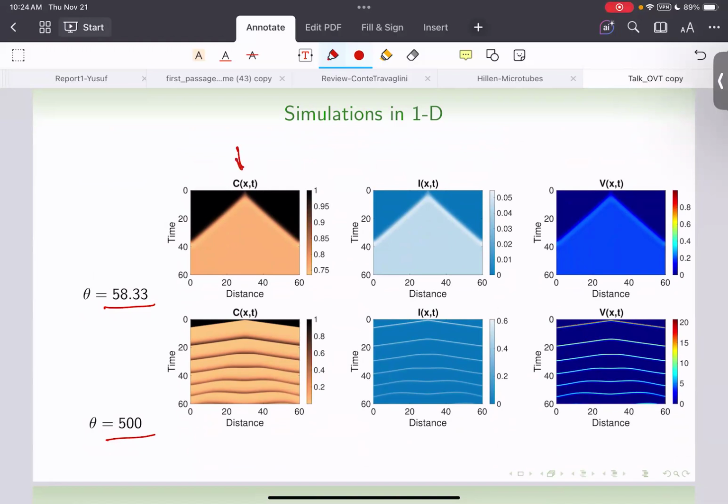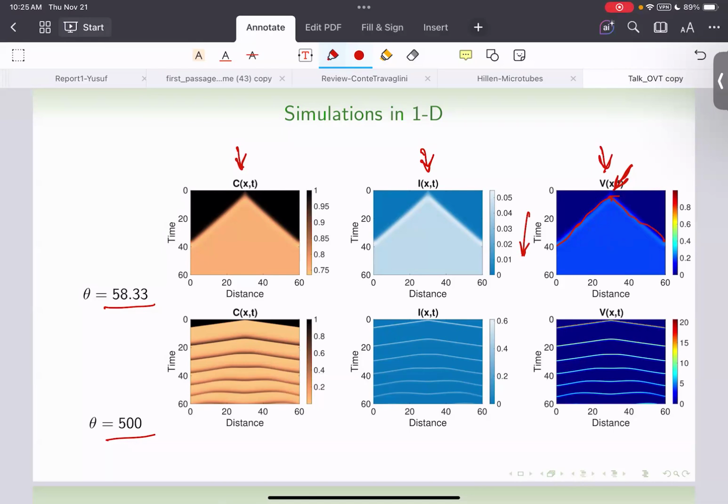Here I show the cancer cell density in brownish colors, the infected cells in blue, and the virus in blue to red. And we infect the cancer with the virus in the middle of the domain, and then time goes downwards. And then we see how the virus spreads as time evolves over the entire domain.